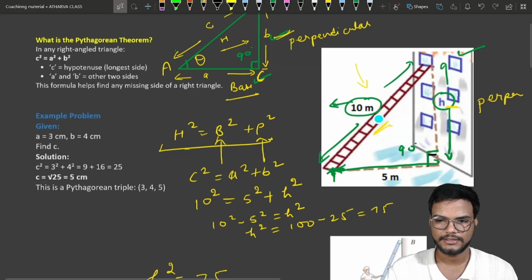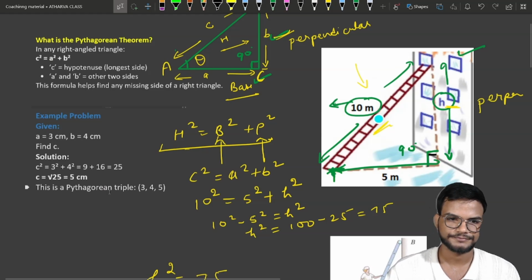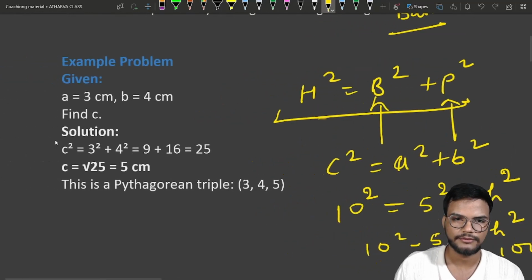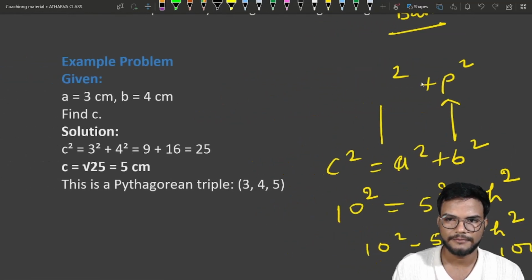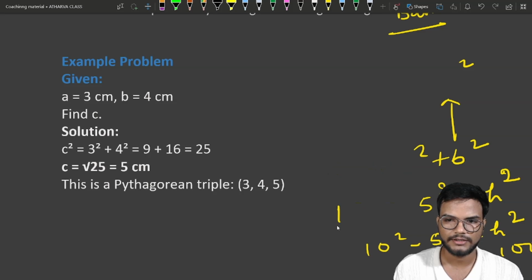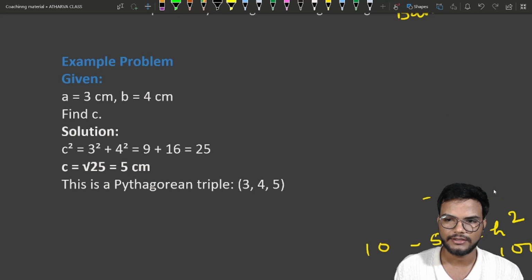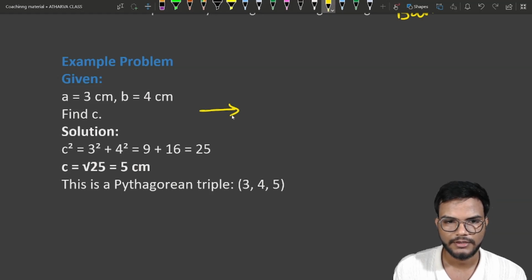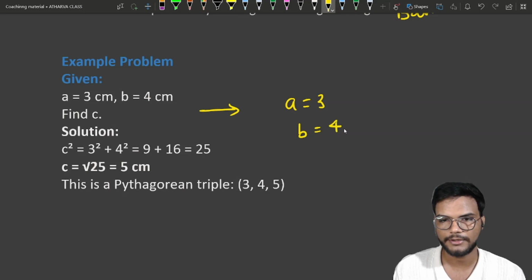Now let's take another example. If we have a problem like a equals 3, b equals 4, then find c. In this problem, a is 3 and a was the base, b is 4 and b was the perpendicular.